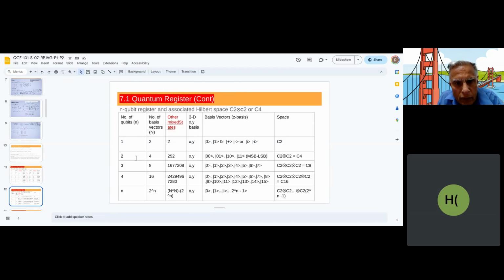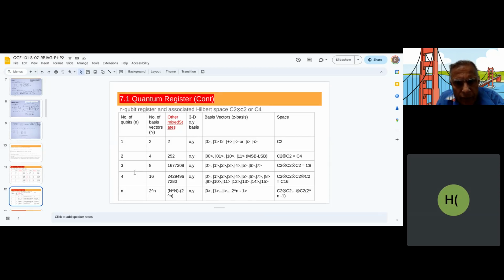Same way for two qubits, you have four basis vectors. If you take 4 to the power 4, that gives you 256, out of which 4 are pure, so you are left with 252 other mixed states, and they may be entangled from 0% to 100% depending on maximum entanglement.